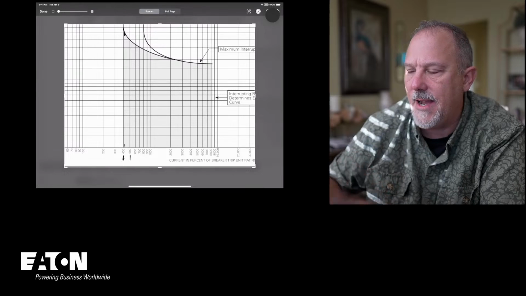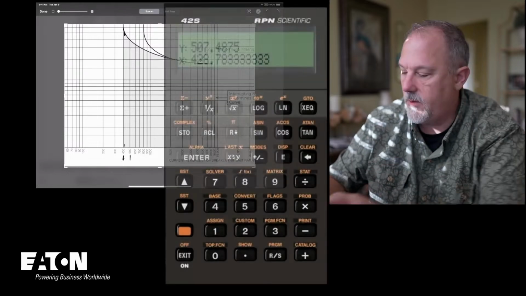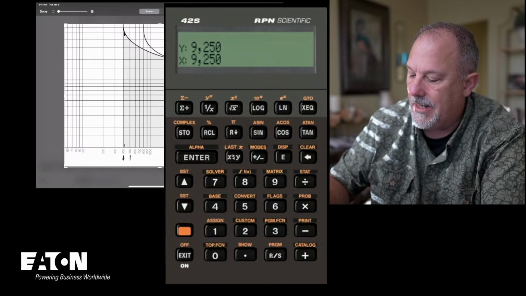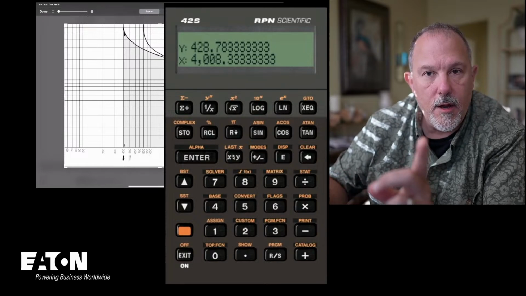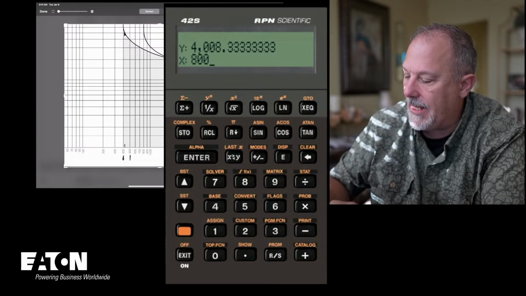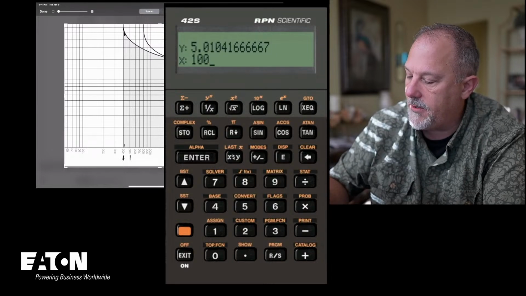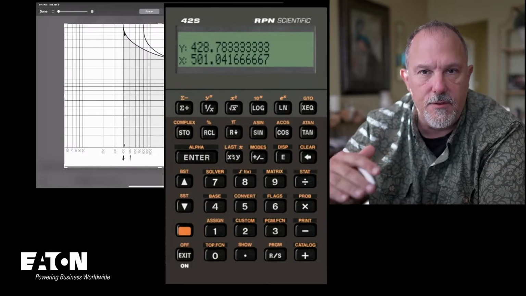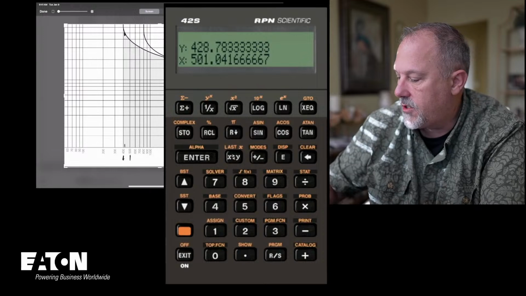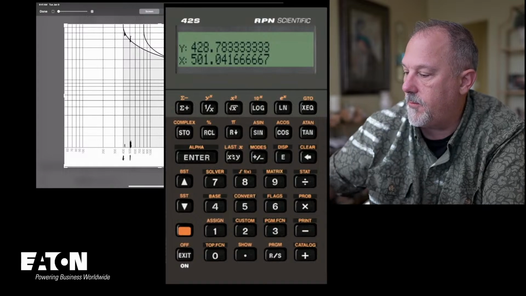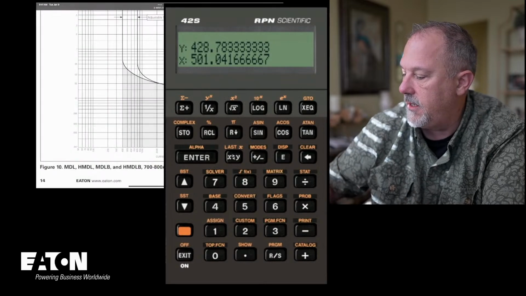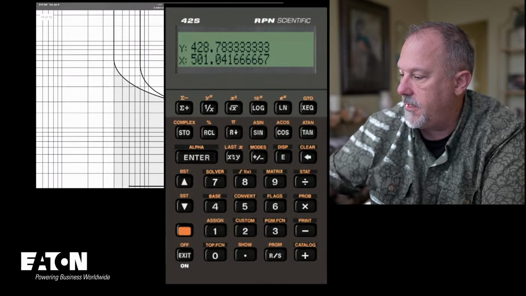Let's do the other current. The other current was 9,250. So we go 9,250 times 208, divide that by 480. I get 4,000 amps on the primary. If I want to compare that to the trip curve, I divide that by 800, multiply that by 100, and that is 501% of an 800 amp rating. So 501% puts me right in here. There's my 500.